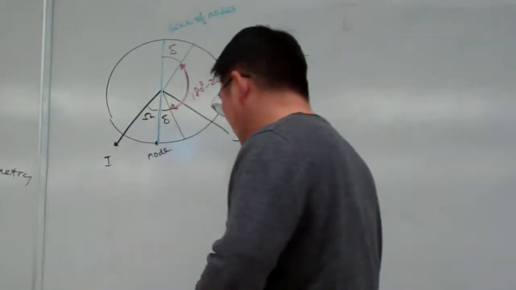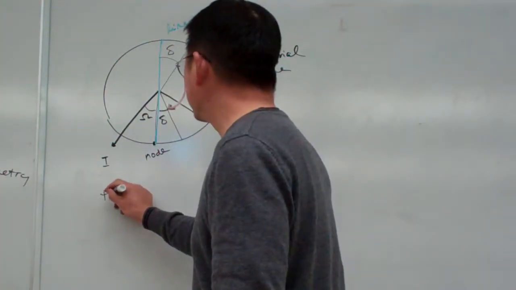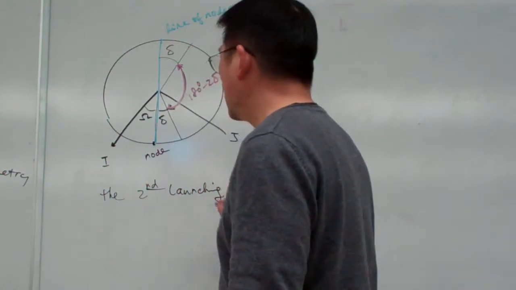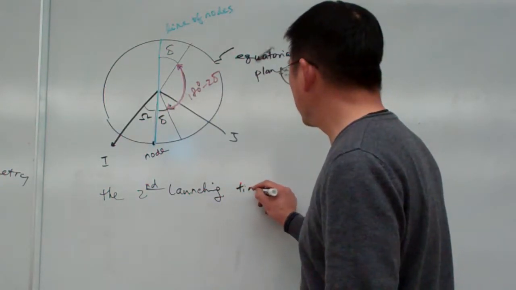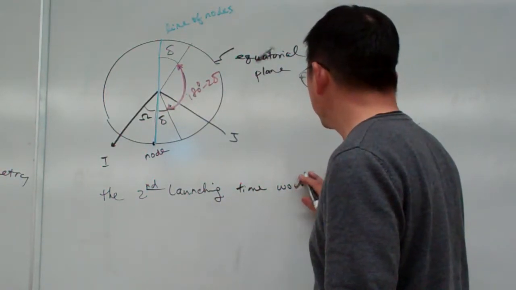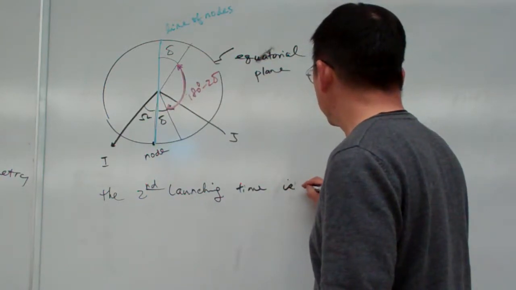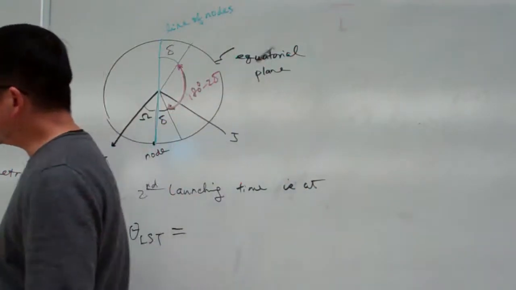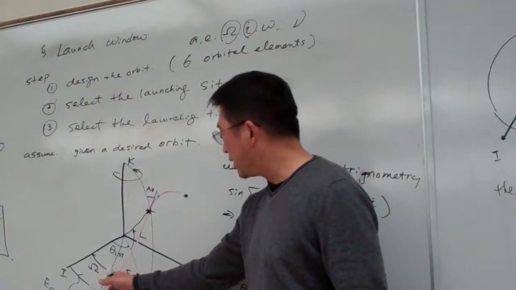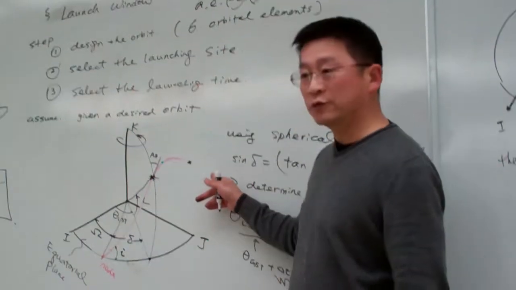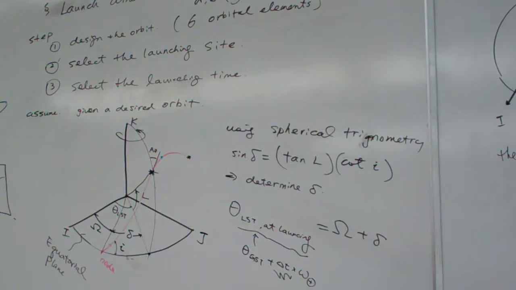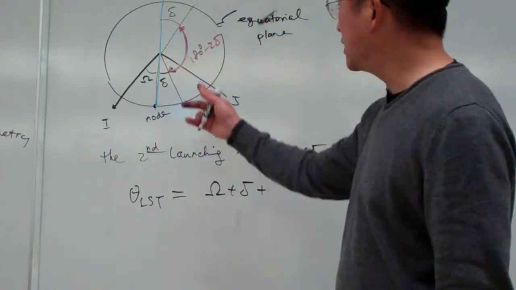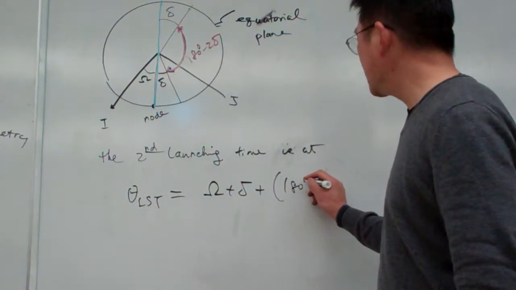Therefore, the second launching time theta LST will be equal to this omega plus delta and plus additional rotation. That additional rotation is this one. So that is omega plus delta plus additional rotation, 180 minus 2 delta.